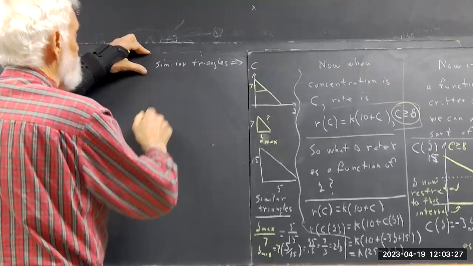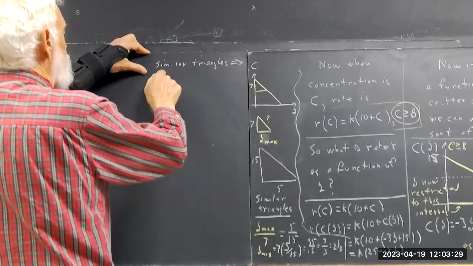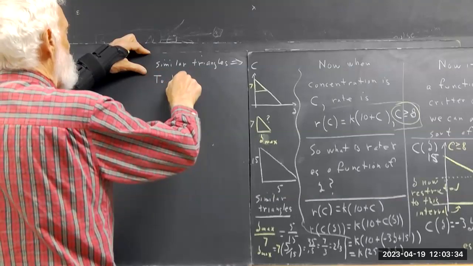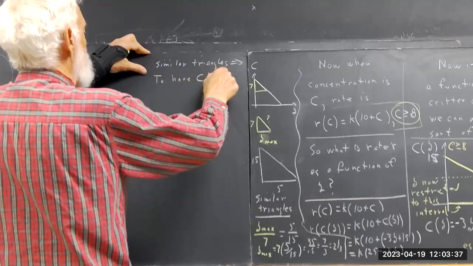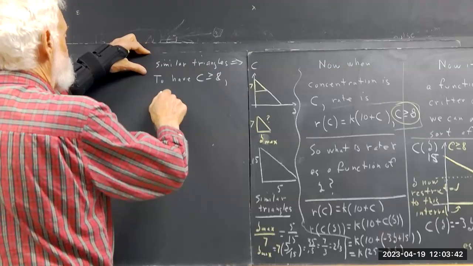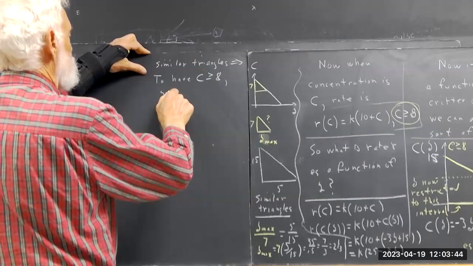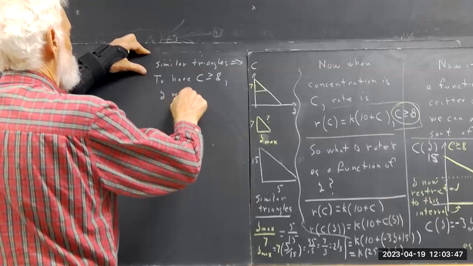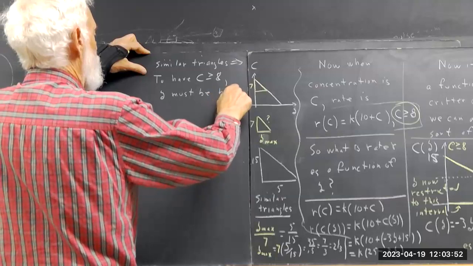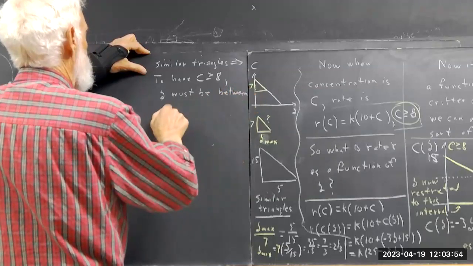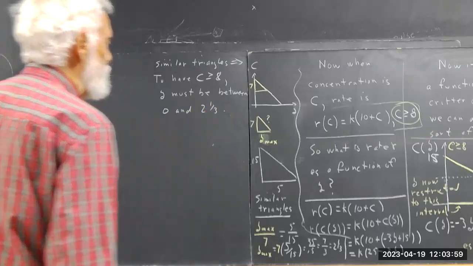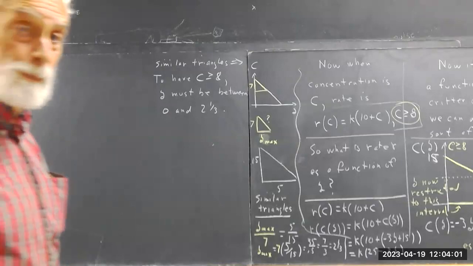They imply that to have C greater than or equal to A, delta has to be between 0 and 2 1/3.